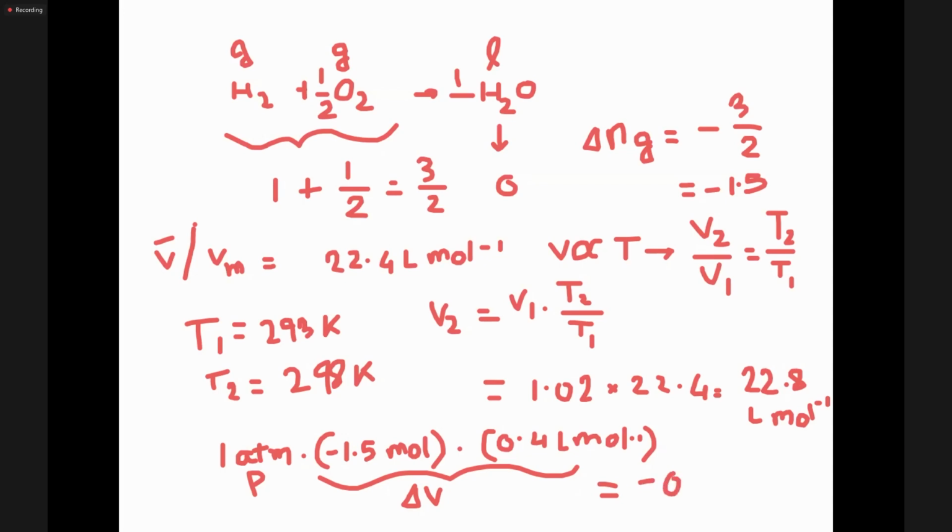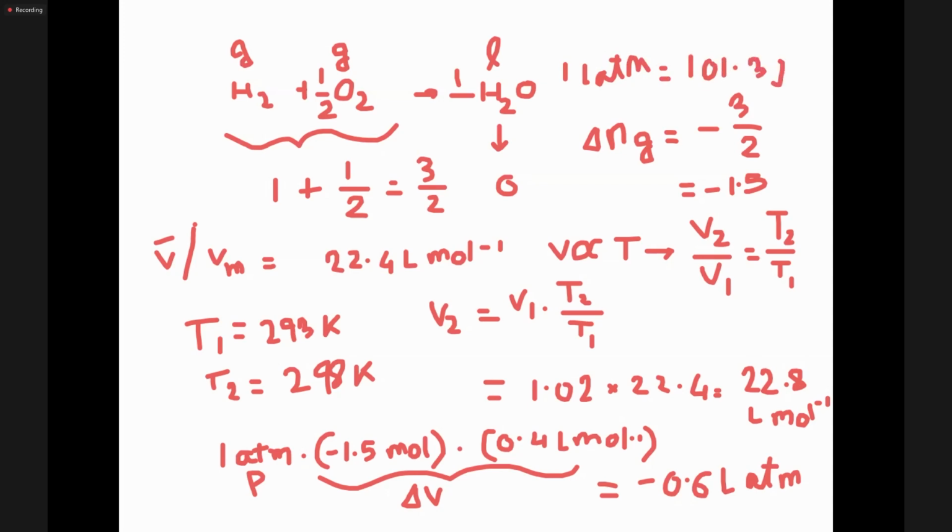So it will be minus 0.6 liter atmosphere. So minus 0.6 liter atmosphere is the total amount of change in the work done. If we use the conversion factor, 1 liter atmosphere is approximately equal to 101.3 joule.